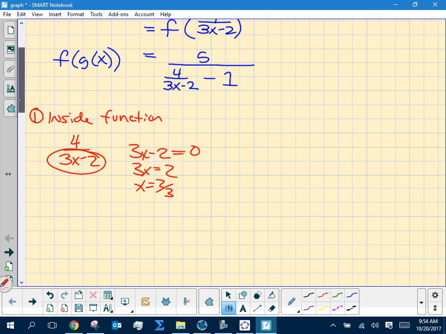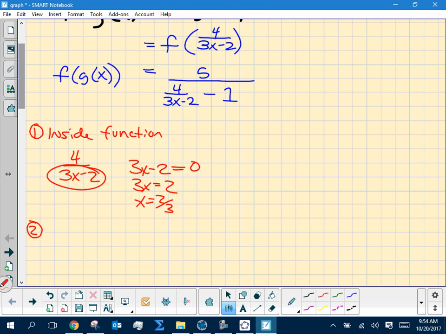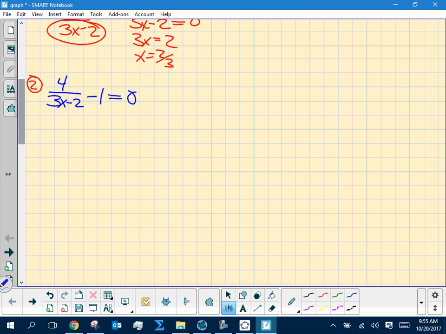Now, the second part is to look at your composite function, which is 5 divided by 4 over 3x minus 2, minus 1. This would simplify and all that kind of stuff, but that's division, right? What can this thing not be? 0. So I'm going to rewrite this as 4 over 3x minus 2, minus 1, equals 0. I'm going to add 1 to both sides, so I get 4 over 3x minus 2 equals 1.